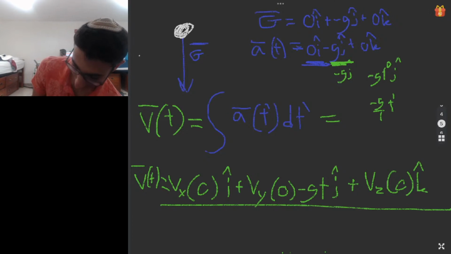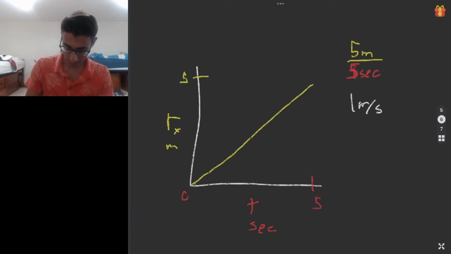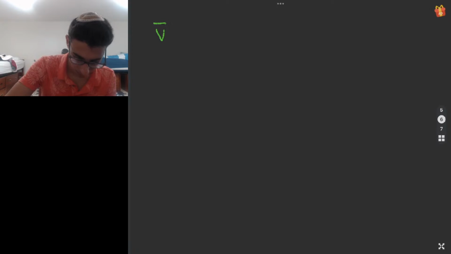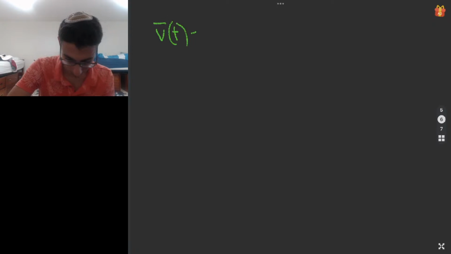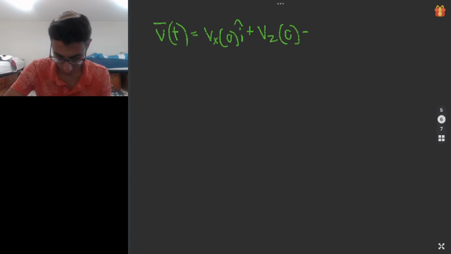Okay, so now that we have velocity, we can get position. So first of all, let's clear this. And now we have velocity based on t, which equals v sub x at time 0 times i hat plus v sub y at time 0 minus gt.